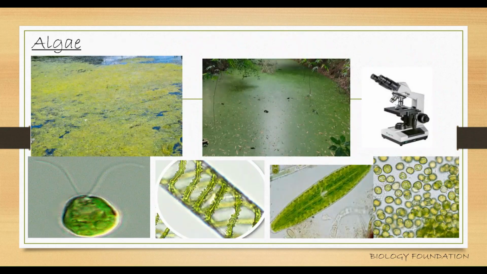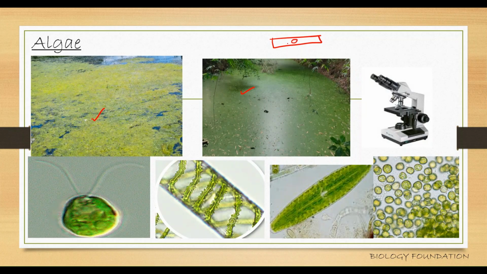Next is algae. Algae also belong to the division Thallophyta. You can do a simple experiment. Maybe you have seen stagnant water bodies with green patches like this. Collect some of this stagnant water in a test tube. Now take a dropper, take some of the water you collected, and place a drop on a slide.